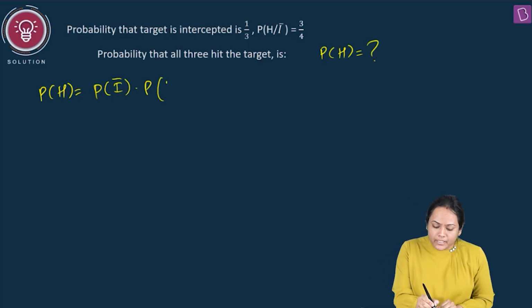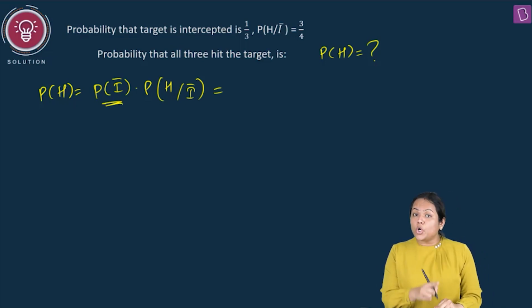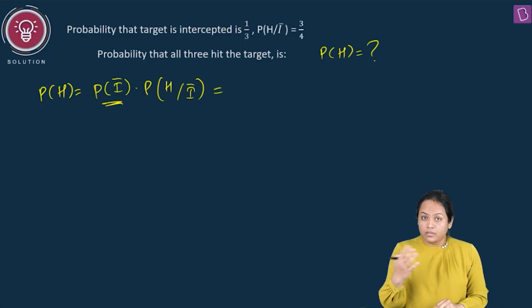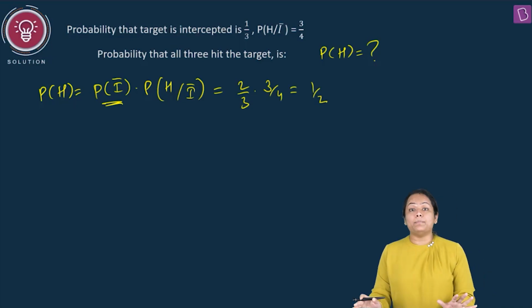Well, that probability is the probability of hitting the target given the missile is not intercepted. So when we substitute the values, the probability of the missile not getting intercepted is 2 by 3 multiplied by 3 by 4, which is going to come out as 1 by 2.